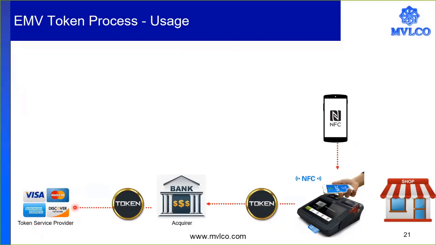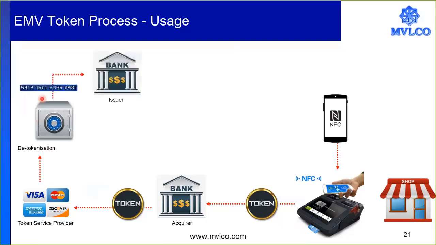At the token service provider, using the token vault, it would be de-tokenized, meaning the token values would be reconverted into the primary account numbers. Why? Because at the issuer end, what the issuer wants are the primary account numbers and not the token values, to approve or reject the transaction.